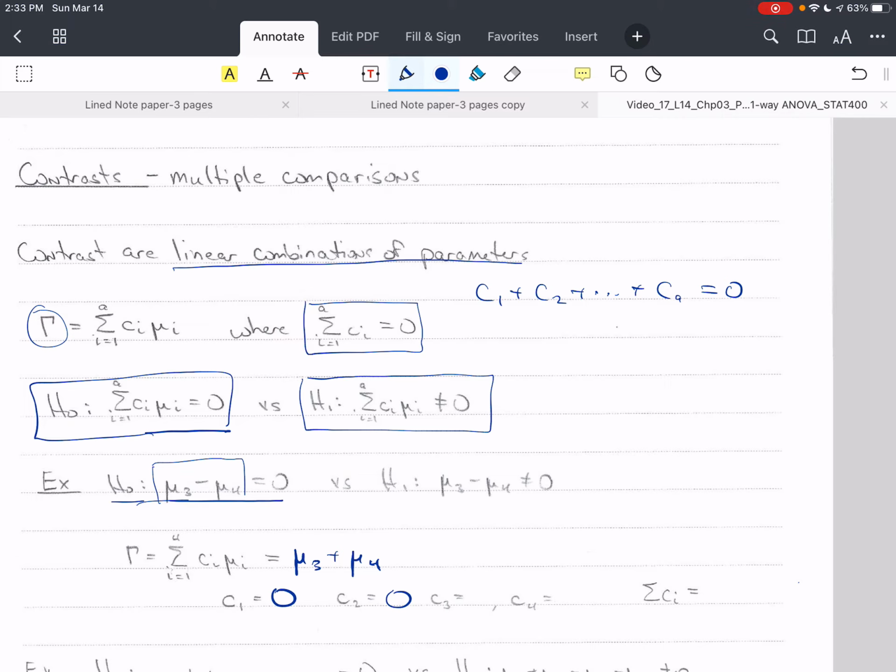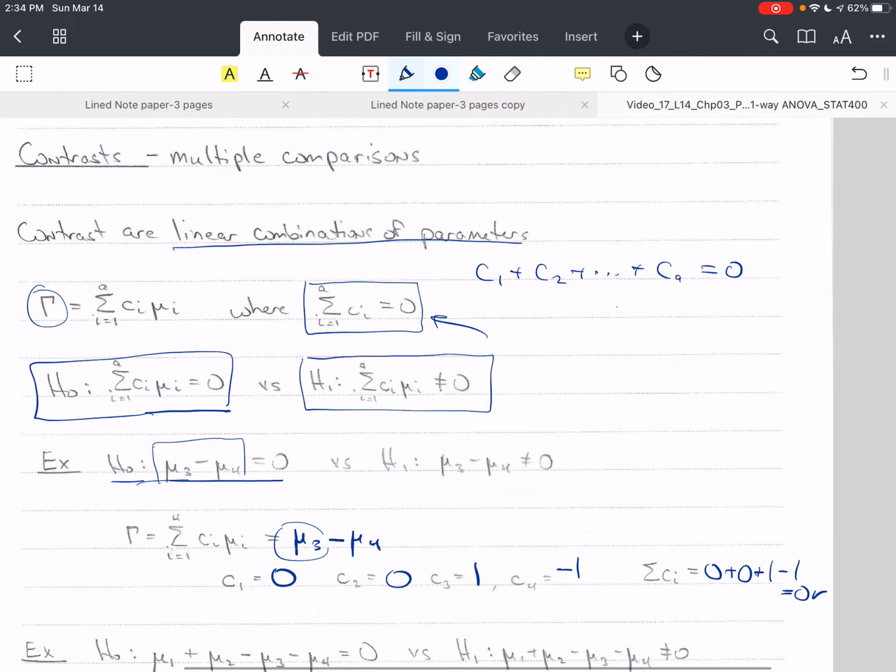Mu3's coefficient will be positive 1, because this is a positive. And then this is supposed to be a negative, so mu4's coefficient, C4, is negative 1. And so then I have 0 plus 0 plus 1 minus 1, that's 0. So we've met our requirement that these add up to 0.